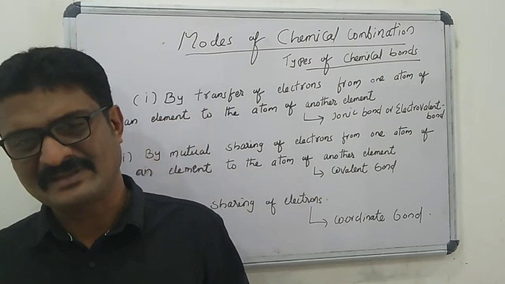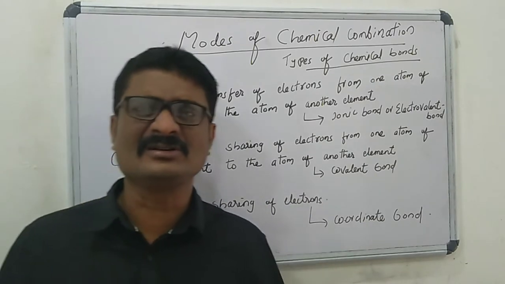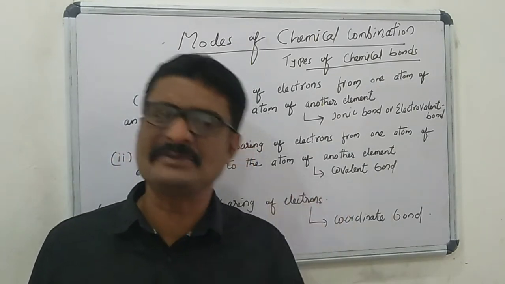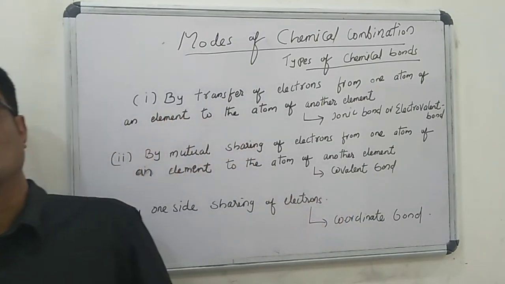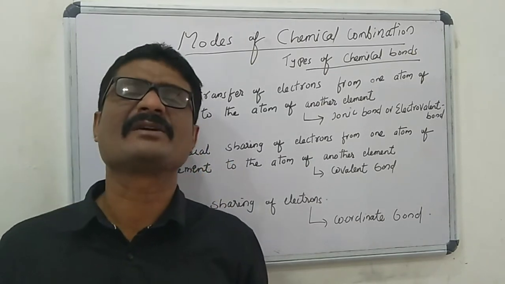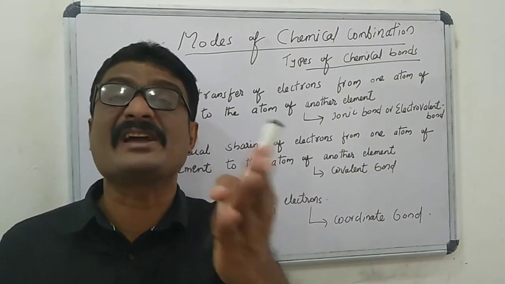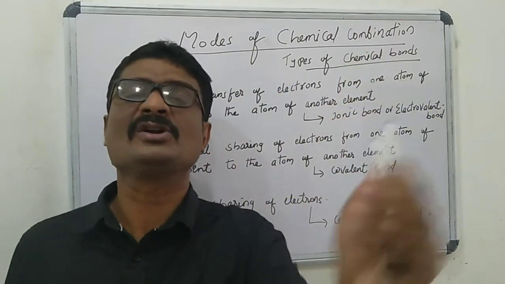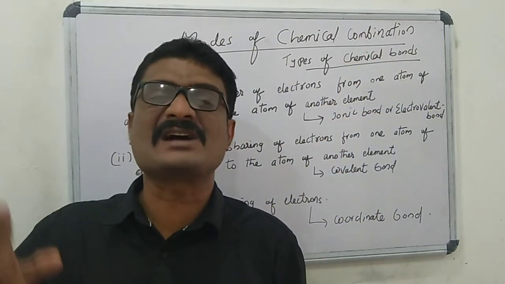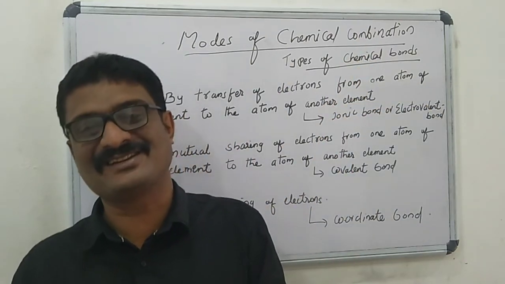According to the octet rule, every atom takes part in chemical reactions to attain the 8 electron configuration in its outermost shell or valence shell.